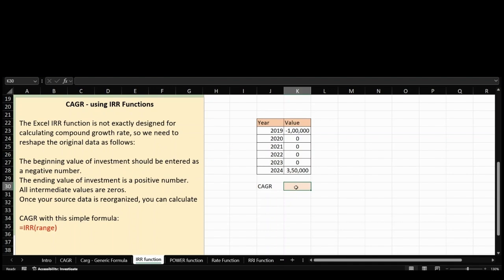So all the other values you make 0. And then now we'll use the formula. This is the formula. Is equal to IRR of the range. So here let's write IRR. Now we'll enter the entire range from here.